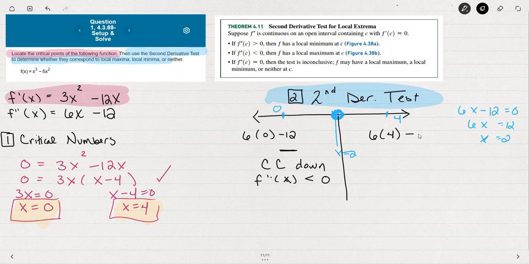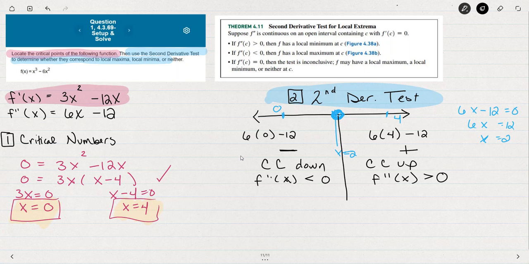We get 24 minus 12, which is positive. So on this interval from 2 to infinity, we're concave up because the second derivative is greater than 0. Now that's just applying the second derivative to determine concavity, but now let's use the second derivative to determine if our 0 and our 4 is a max or a min.